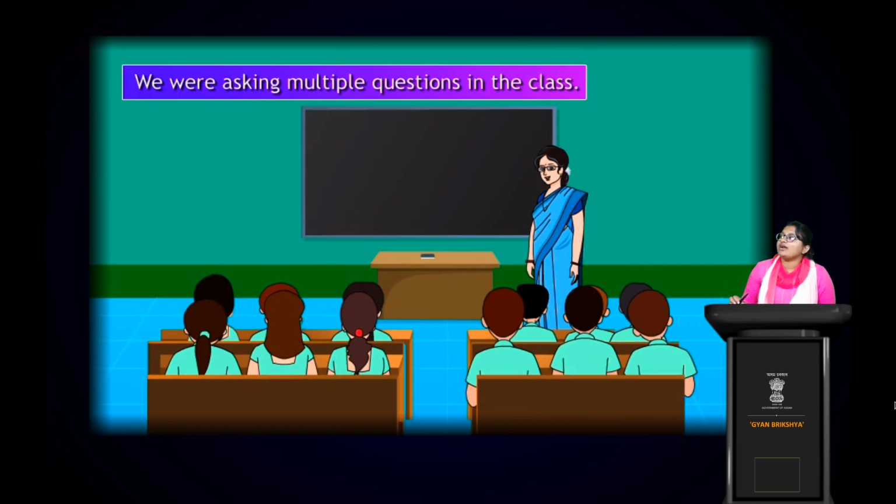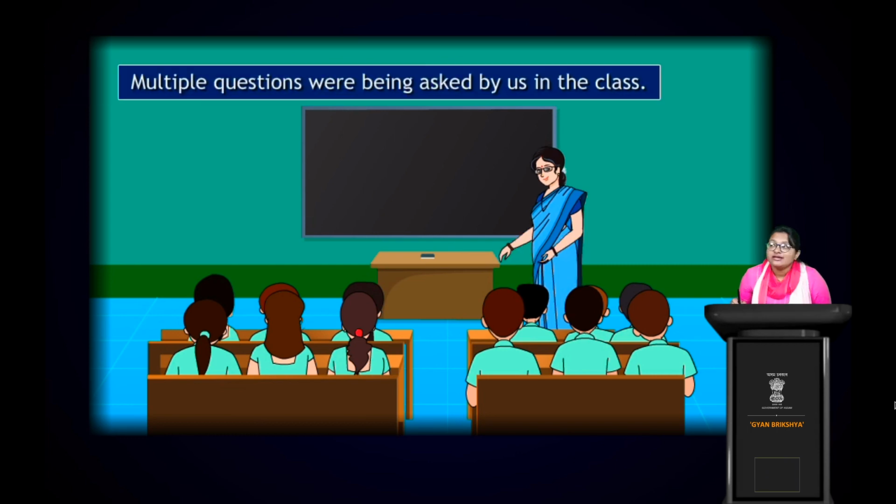We were asking multiple questions in the class, right? This is an active voice, make it passive. We were asking multiple questions in the class. Multiple questions were being asked by us in the class.